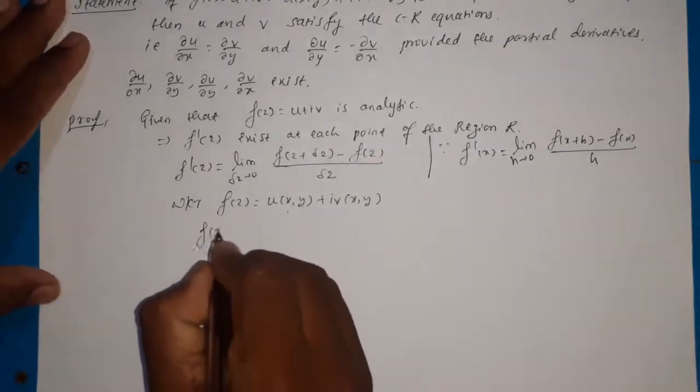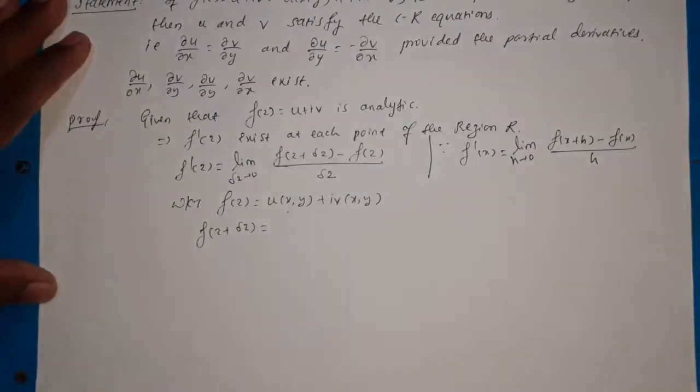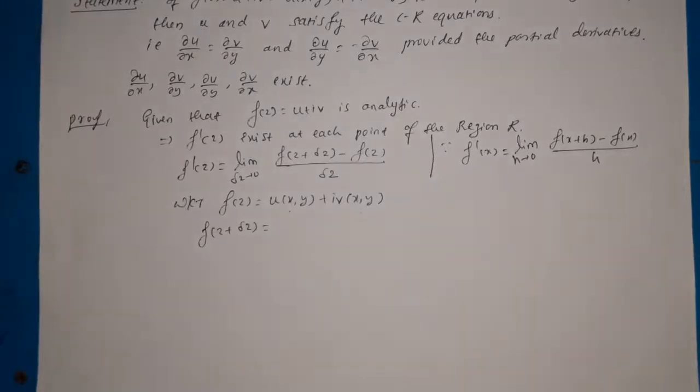Then f of z plus delta z means there is an increment in the variable z. Since z equal to x plus iy, then delta z becomes delta x plus i into delta y, means both x and y variables are increased by the increments delta x and delta y.